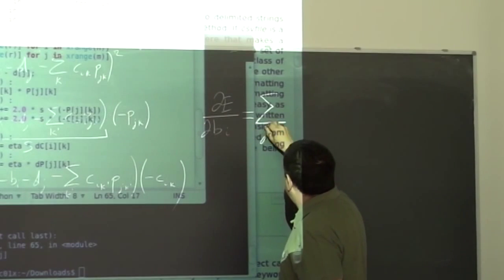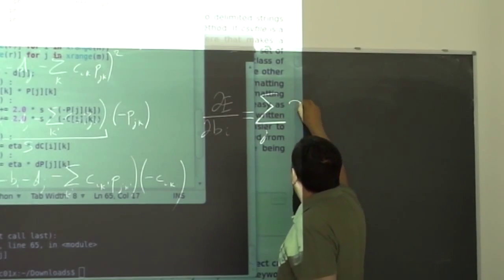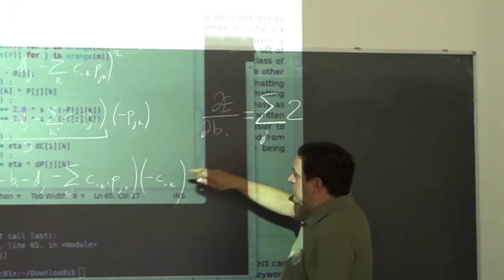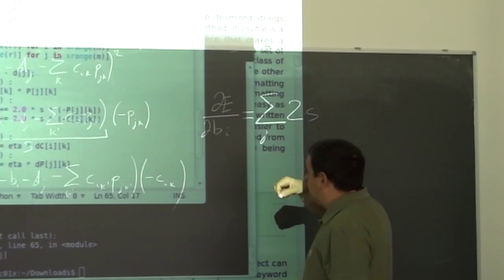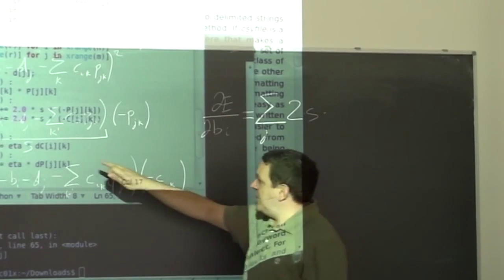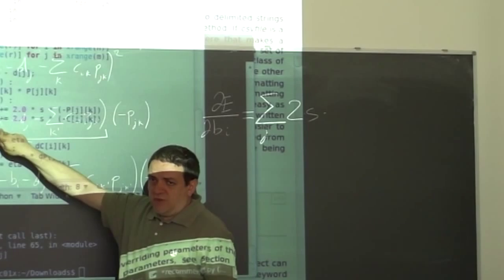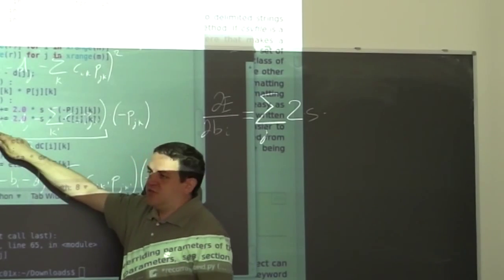well, it's simply the sum over j of 2 times the same thing as here, so 2 times S, times the derivative of Bi with respect to Bi inside here, which is minus 1.